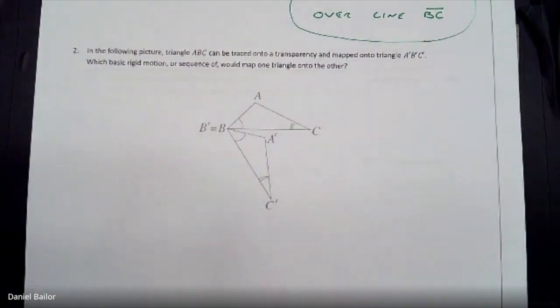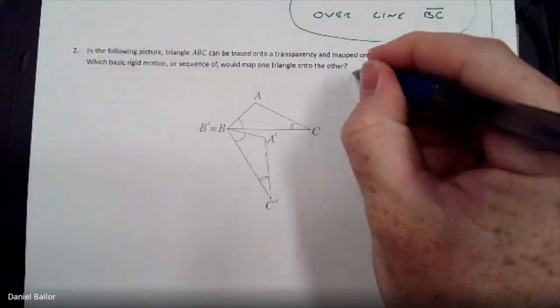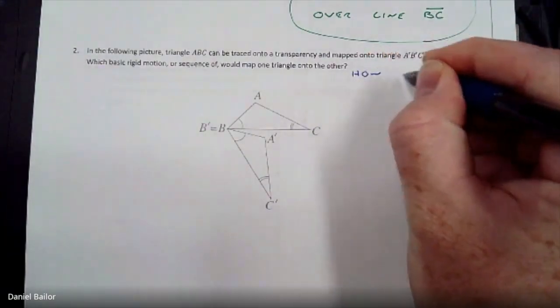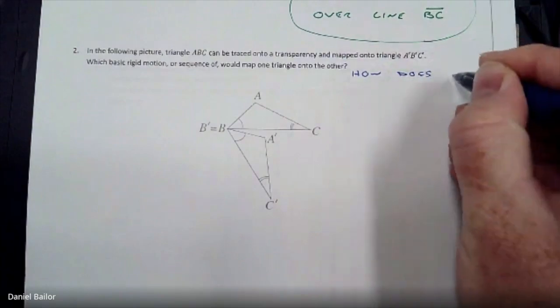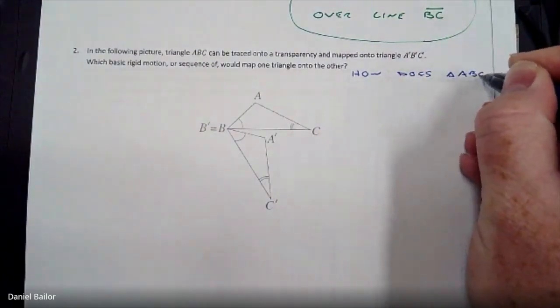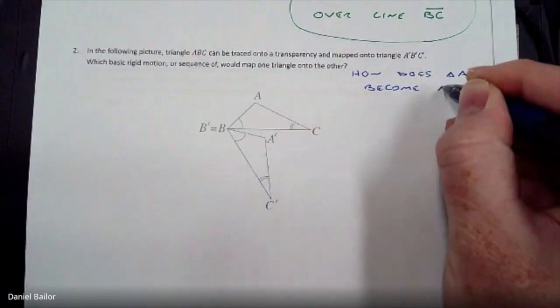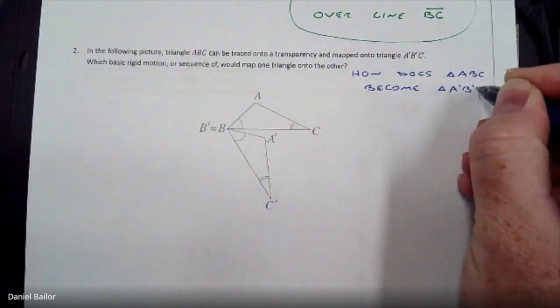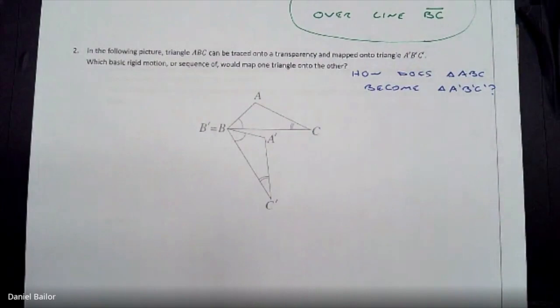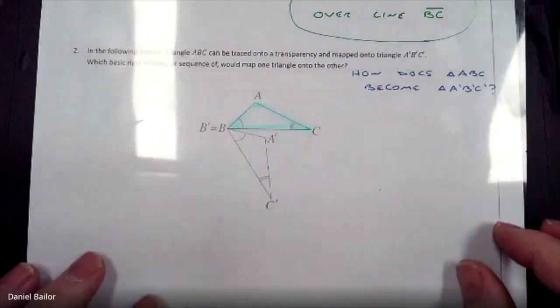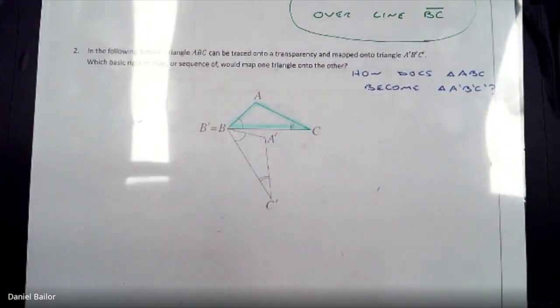It is still asking, to summarize the question, how does triangle ABC become triangle A prime, B prime, C prime? Well, if you look at this one, here's my triangle, here's my traced triangle.